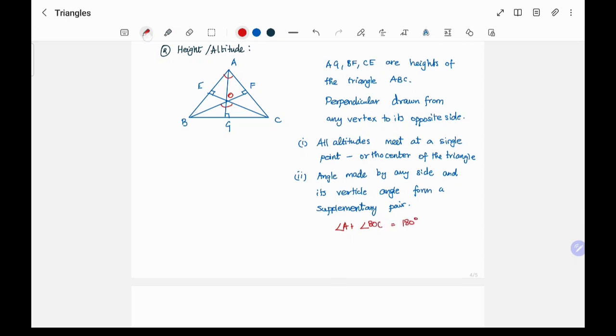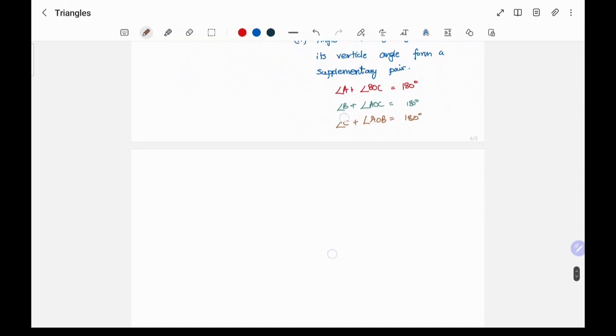Similarly for angle B and angle AOC. Similarly for angle C. Okay, this is with the height or altitude of the triangle.